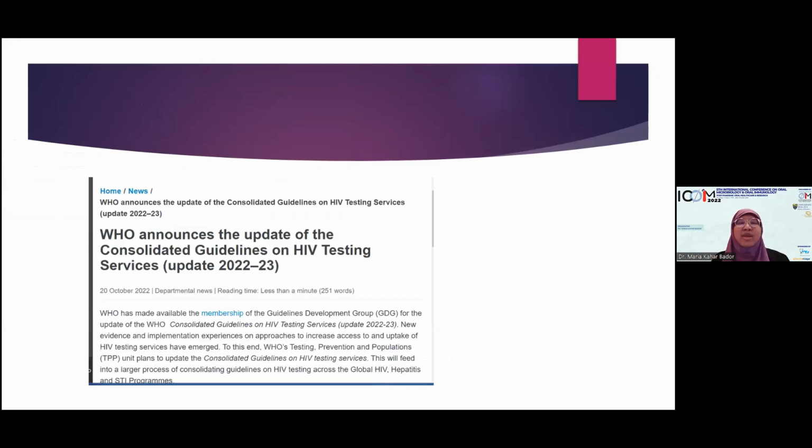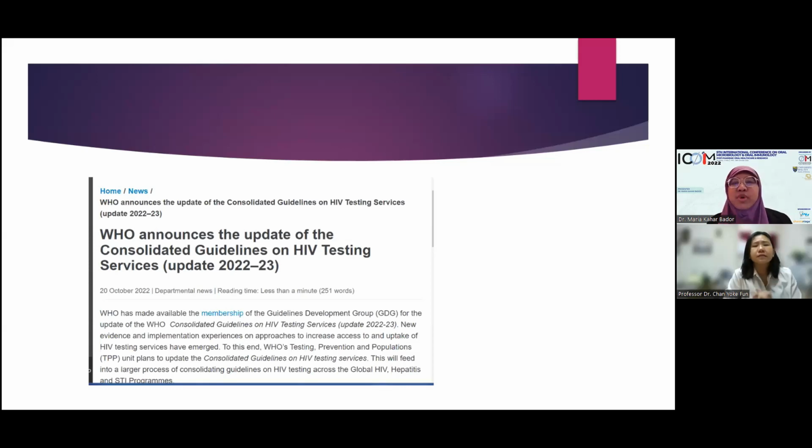Unfortunately, I was hoping they would come up with an update, but as of yesterday, if you open the WHO site, they haven't given any. From the little that I read online, there is a lot of move towards using RDTs and decentralizing HIV testing.